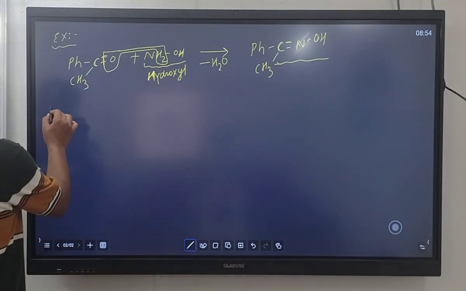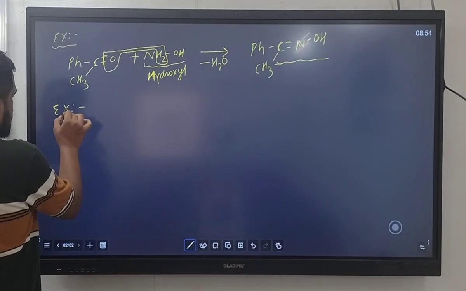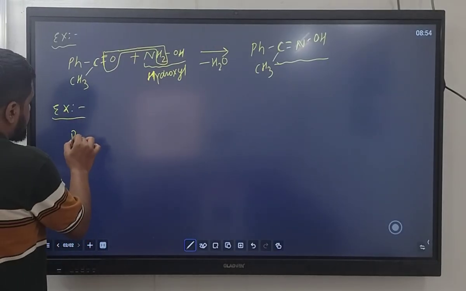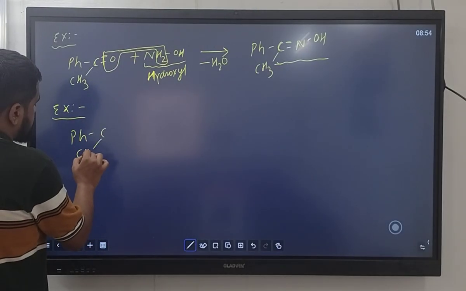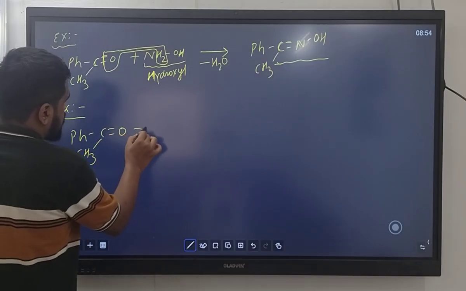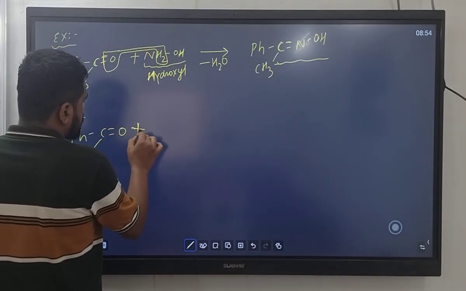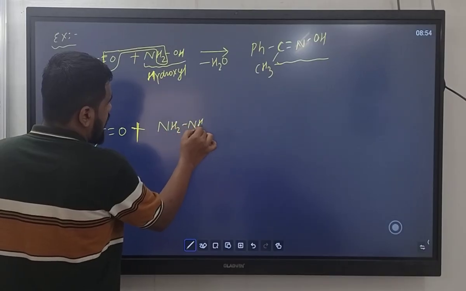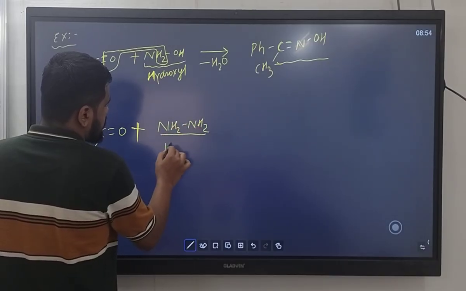Let's see another example. Again PhC CH3 double bond O and NH2NH2, this is hydrazine.